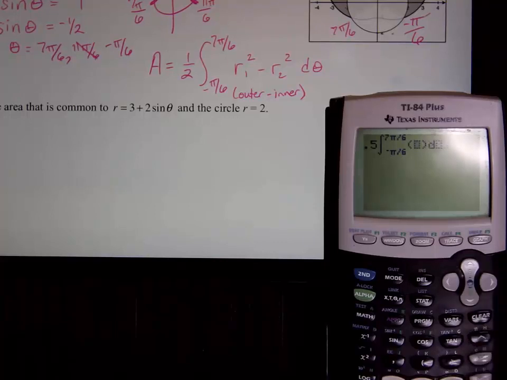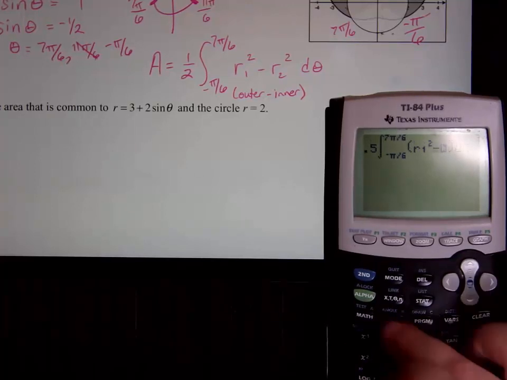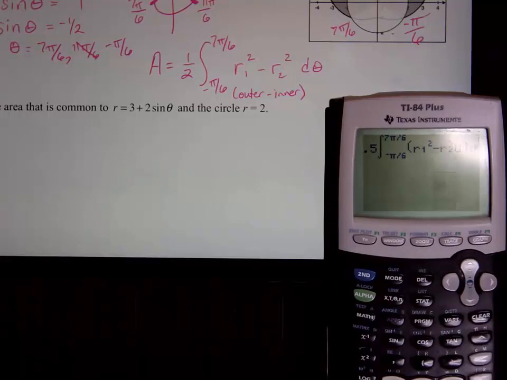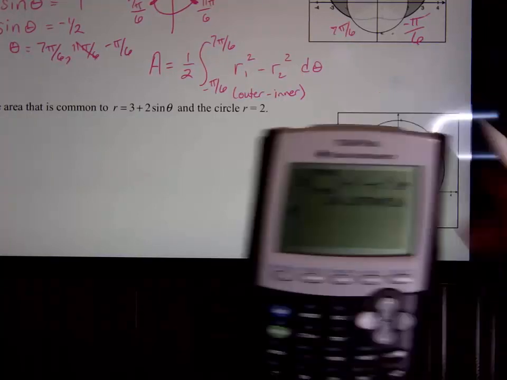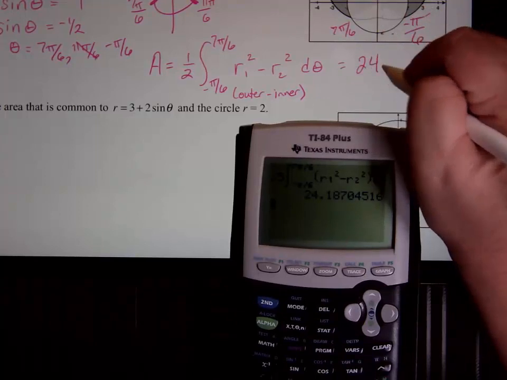Alpha trace R1 squared, put the pencil down, minus alpha trace R2 squared d theta. Boom. And that should be what you get right there. 24.187.